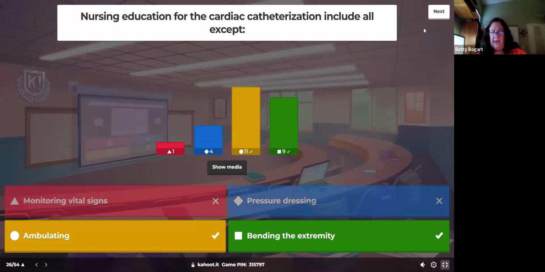Post-cardiac cath, they must be on bed rest for 24 hours because the clot will pop off and they'll bleed everywhere. So that 24 hours is usually where they keep them on bed rest. The other thing is bending the extremity can cause that clot to pop, so we don't do that either. So no ambulating, keep that extremity straight. And of course, check that pressure dressing.